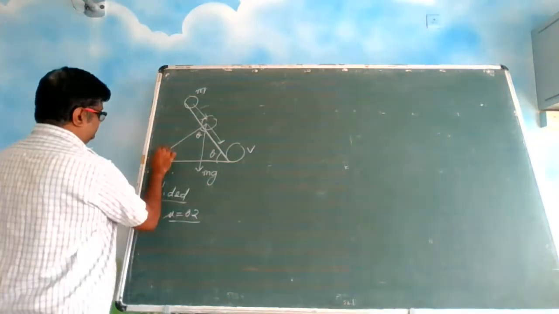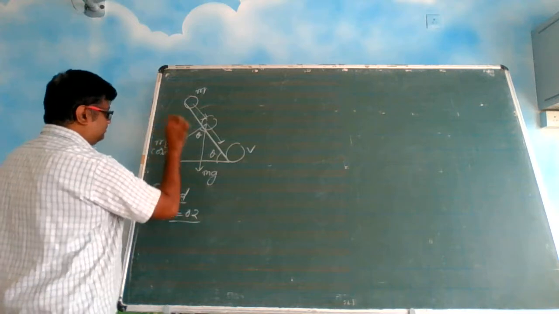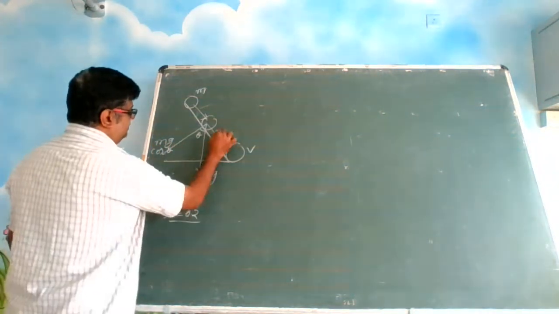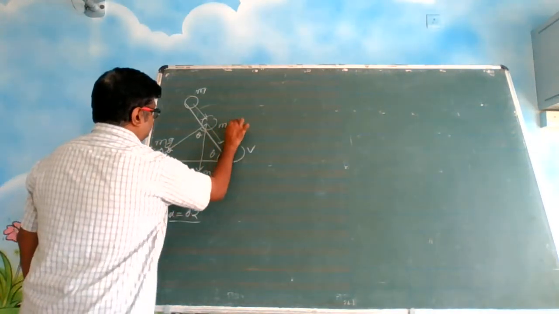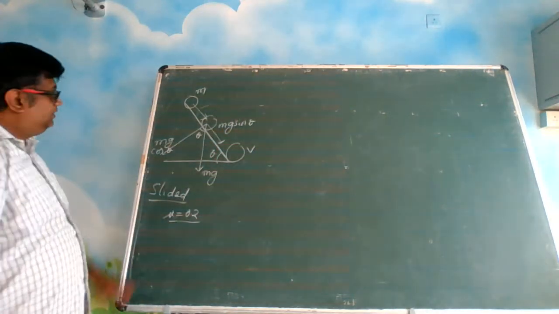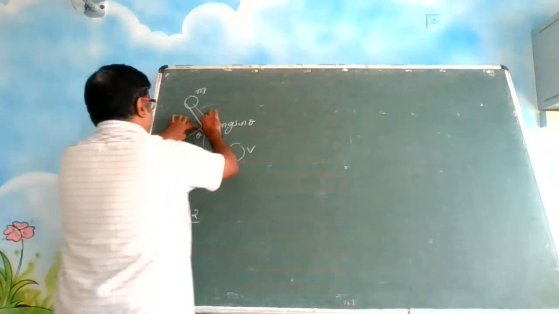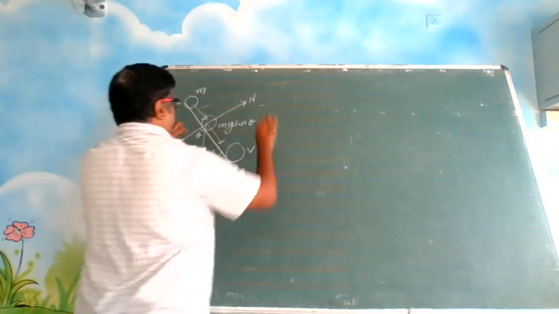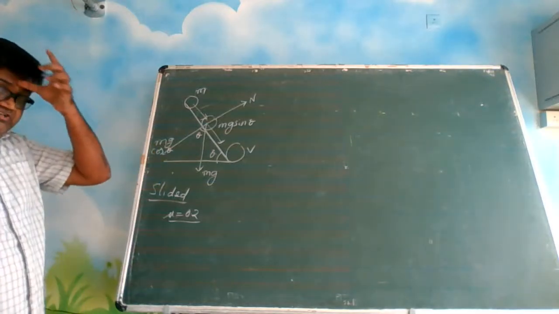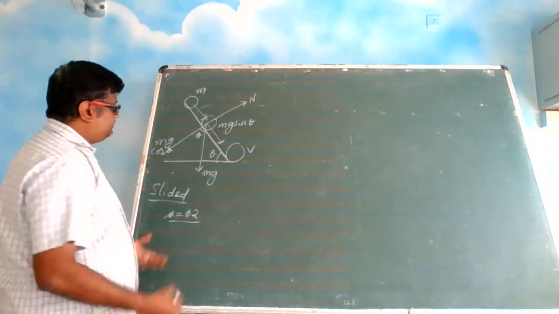So this component will be mg cos theta, and this component will be mg sin theta. Because the ball is in contact with the surface, the normal reaction will act in this direction. I told you normal reaction is always perpendicular to the plane.